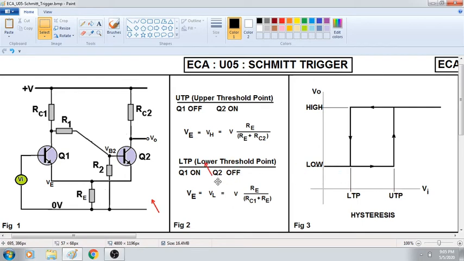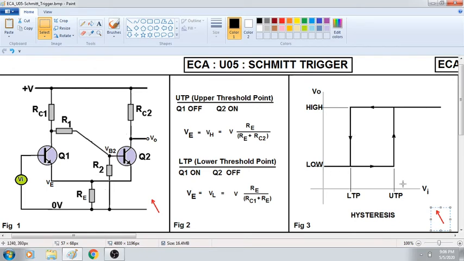What will happen at the output? The output will be changing from a low value to a high value. Suddenly it will jump from low to high, and it will continue like that. Here I forgot to put the arrow. So here and here it is bidirectional.